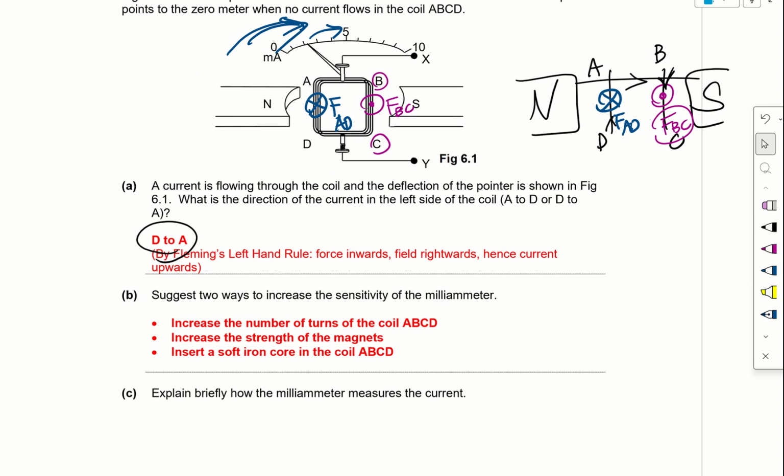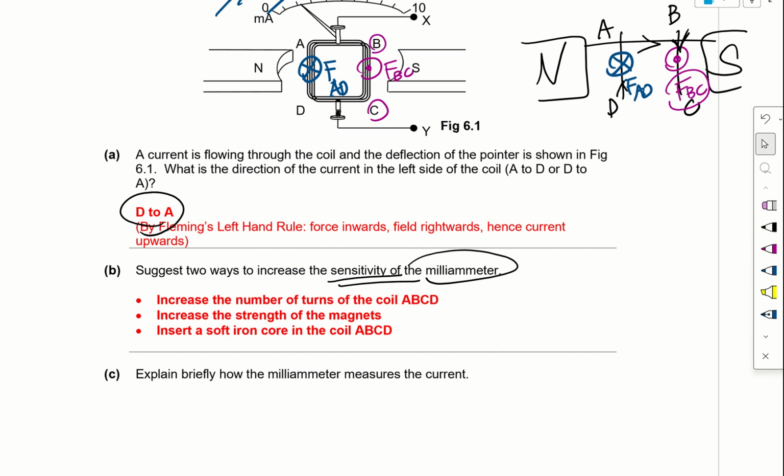Okay, now suggest two ways to increase the sensitivity of the milliammeter. What is the purpose of that milliammeter? It is to measure current. So you cannot say, oh, increase the current, because the current is what we are measuring, right? We just want to increase the sensitivity. So the correct answers will be increase the number of turns of the coil, and not the number of coils. Okay, increase the number of turns.